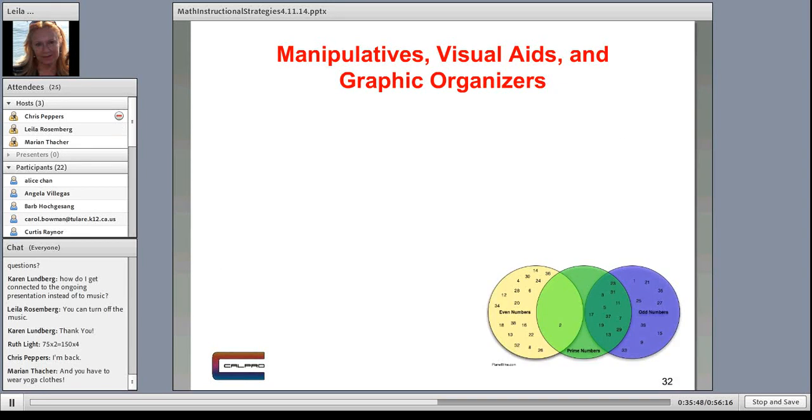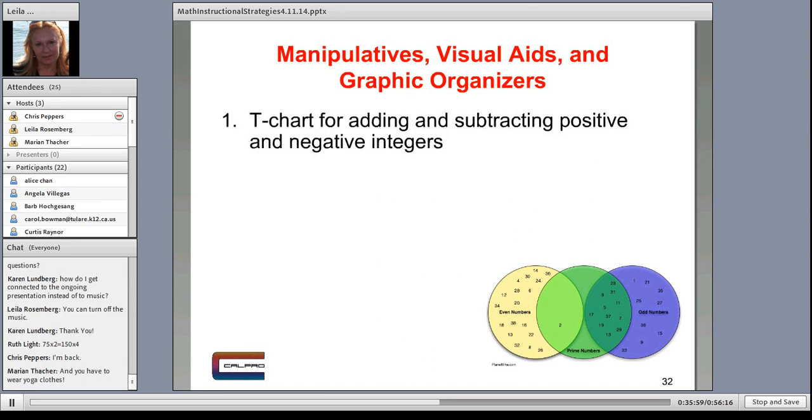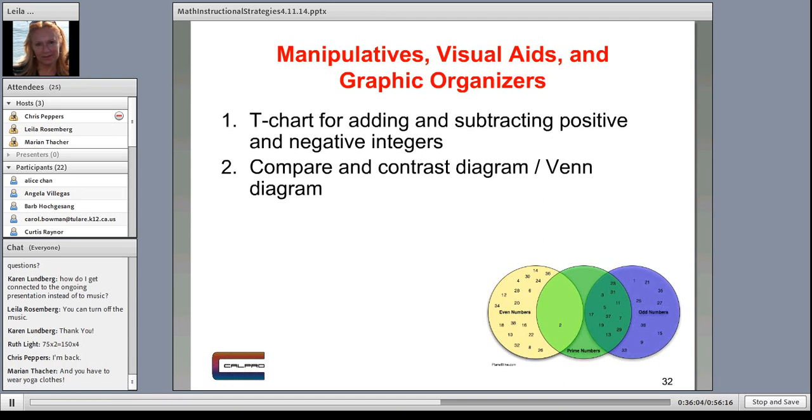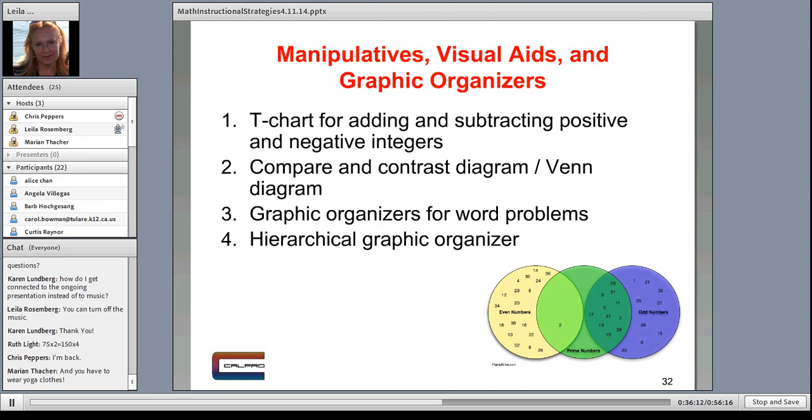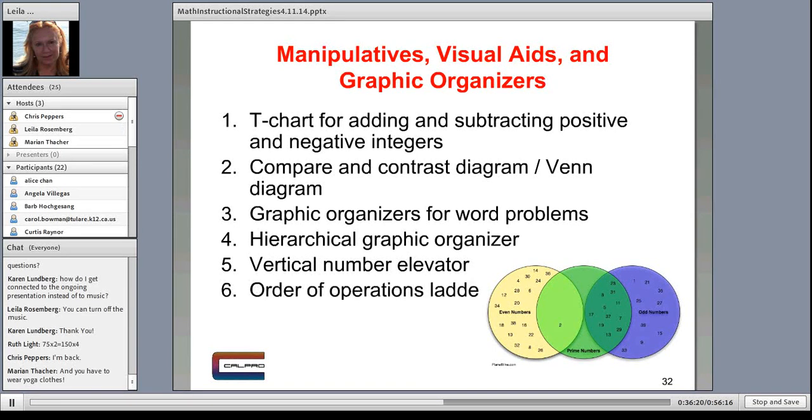If you join our community of practice, you will get a chance to work with various manipulatives, visual aids, and graphic organizers, including a T-chart for adding and subtracting positive and negative integers, a compare and contrast diagram like the Venn diagram that you have here as an example, graphic organizers for word problems, hierarchical graphic organizers, vertical number elevators, order of operation ladder, sequence chart, and box multiplication chart.